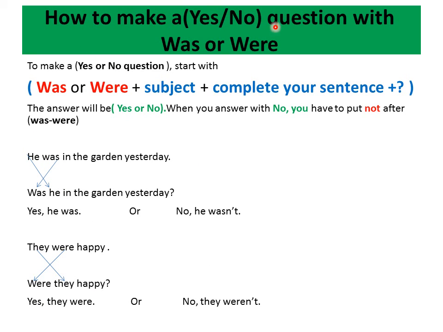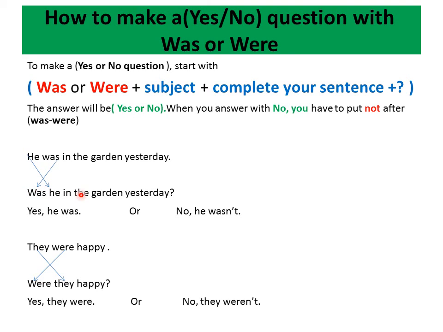How to make a yes or no question with was or were? The same as any helping verb. Just you're going to start with was or were, then your subject, and then complete your sentence. And we said before that the answer would be yes or no. When you answer with no, you have to put not after was or were. For example, he was in the garden yesterday. So just a switch.